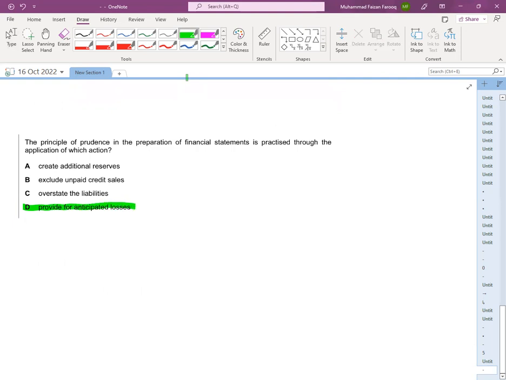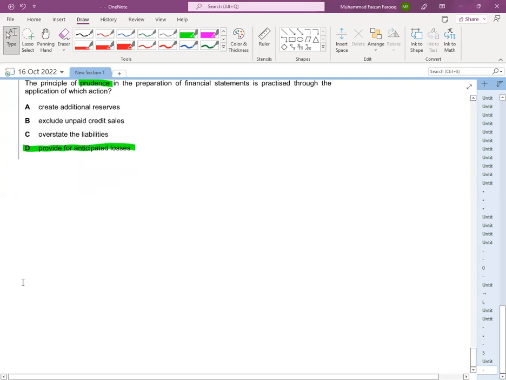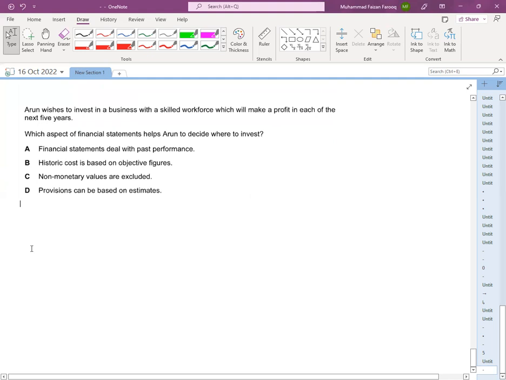This is the prudence concept. So after reading all four options, what do you guys think? It seems to be D, or no? Yes, sir. It very clearly says anticipated loss, and recording an anticipated loss is none other than the prudence concept.